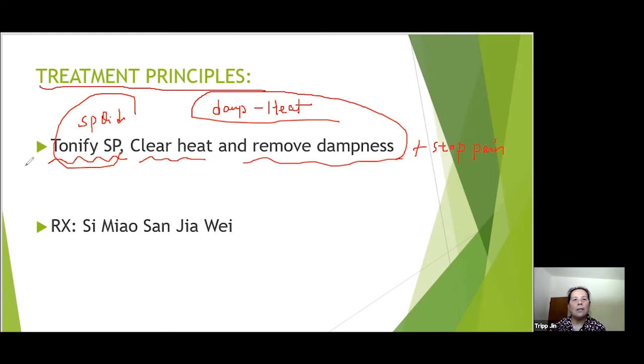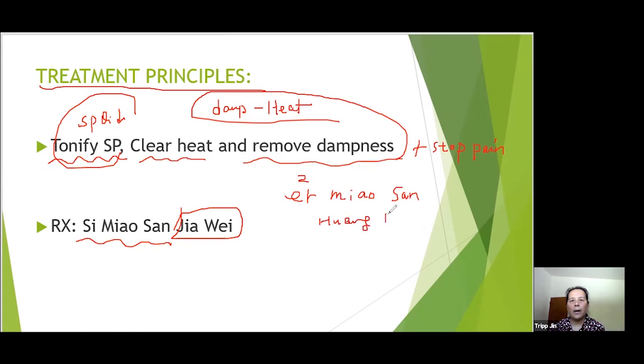So for this pattern we use the formula 四妙散 加味, adding another ingredient there. We talked about 二妙散 before. Two ingredients inside: 黄柏 and 苍术.